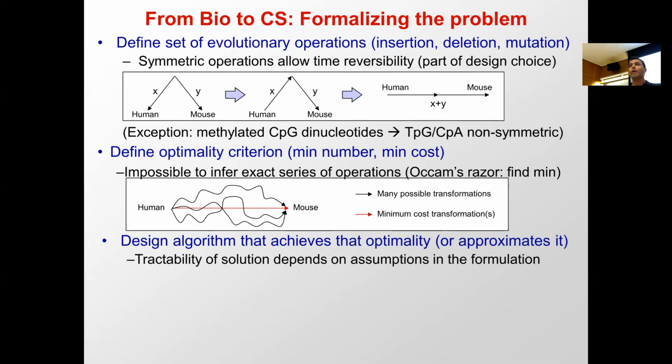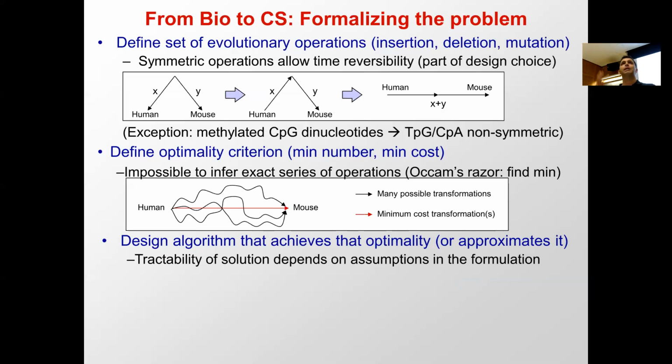And then once we have our primitives, the set of evolutionary operations, and our optimality criterion, we're going to now design an algorithm that either achieves this optimality or gets close to that optimality, okay? And then the tractability of the solution very much depends on the assumptions in the formulation. Why am I saying all this? Because you guys are going to be facing the same problems in your final projects.